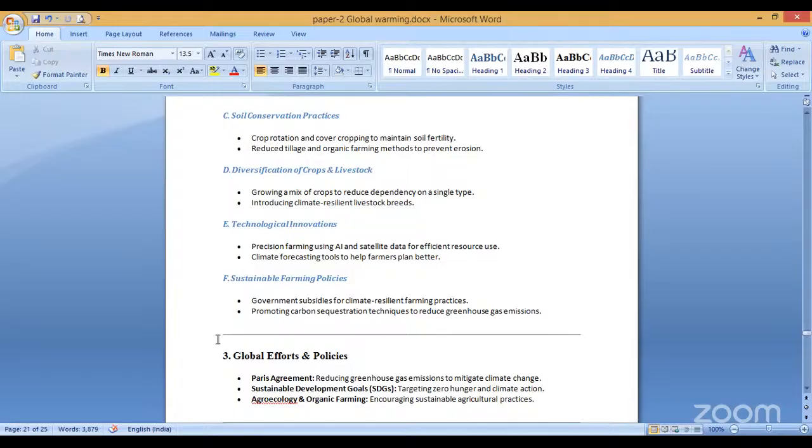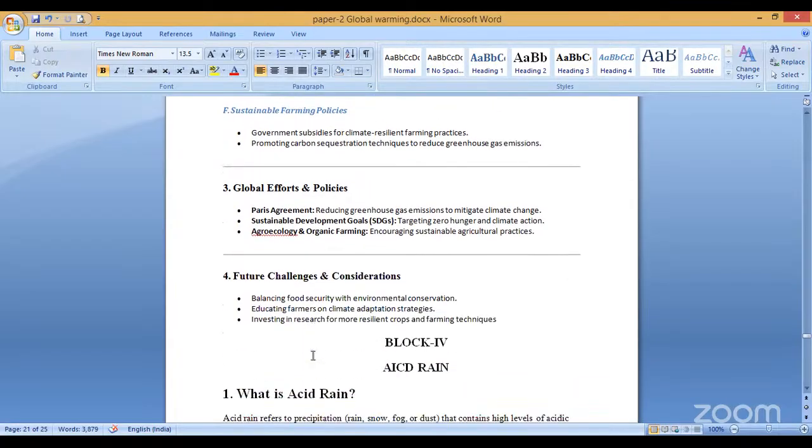Sustainable farming policies: government subsidies for climate resistant farming practices, promoting carbon sequestration technologies and reducing greenhouse emissions. Then coming to the next one, global effects and policies. The Paris Agreement aims at reducing greenhouse gas emissions to mitigate climate change. Sustainable Development Goals, also called SDGs, target zero hunger and climate action. Agroecology and organic farming encourage sustainable agricultural practices.